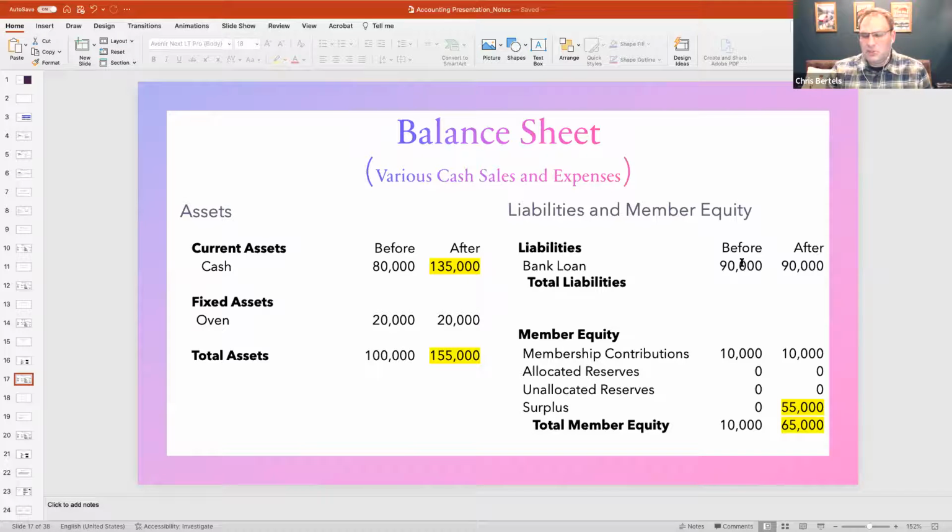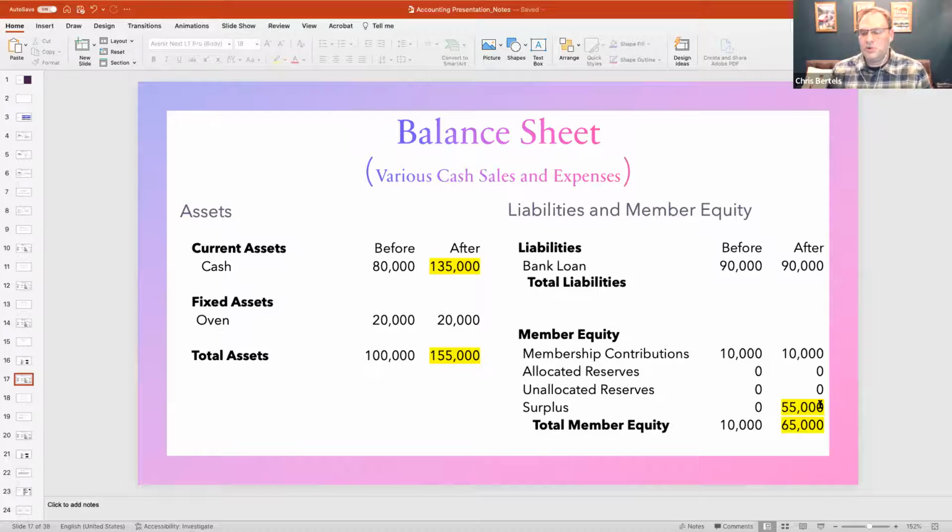Okay, bank loans, it didn't change because no more money was borrowed or paid back. And then, as you can see under the member equity, I've added the surplus of $55,000. So the way to think about that is that's potentially how much is going to be distributed to the members at some point.